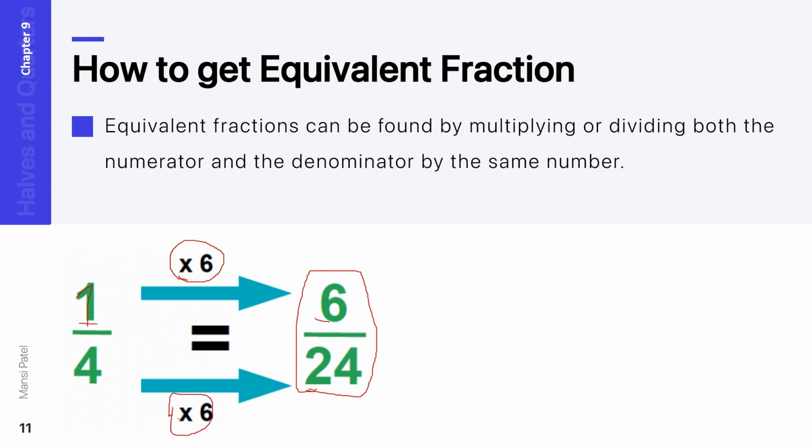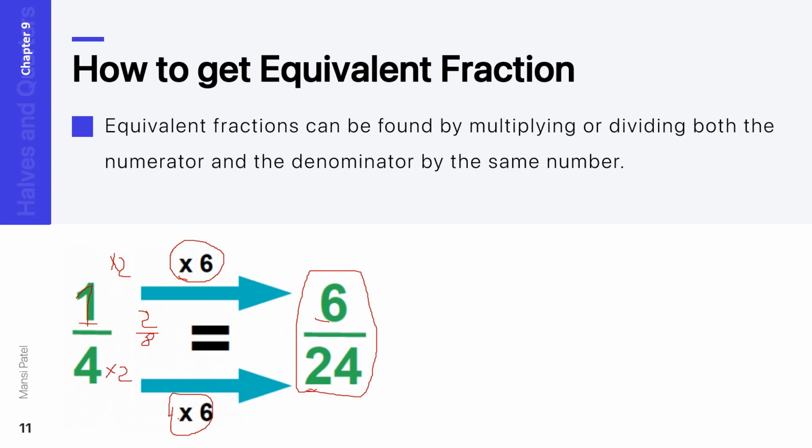It is not necessary that we multiply by 6 only. If you want to multiply by 2, then you multiply by 2 in both numbers, in the numerator as well as in the denominator. So 1 twos are 2 and 4 twos are 8.